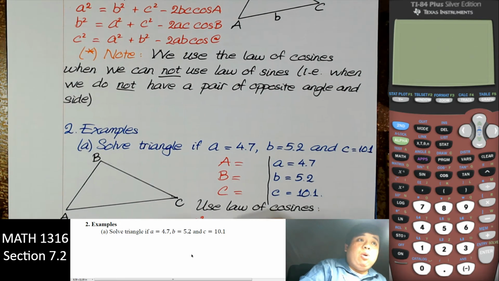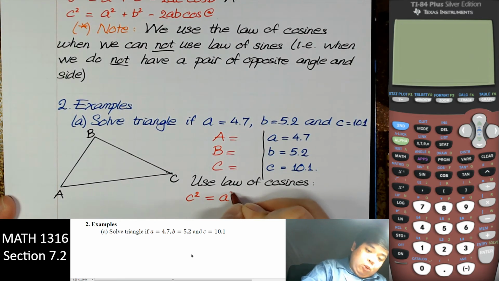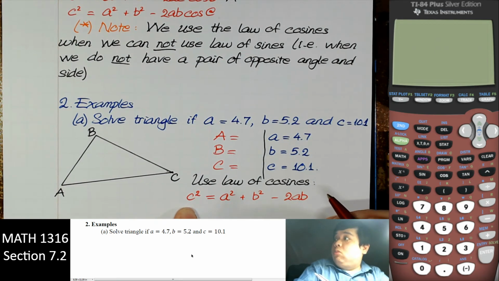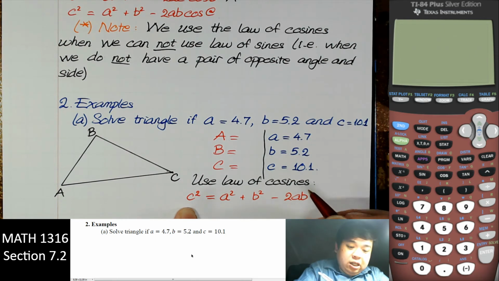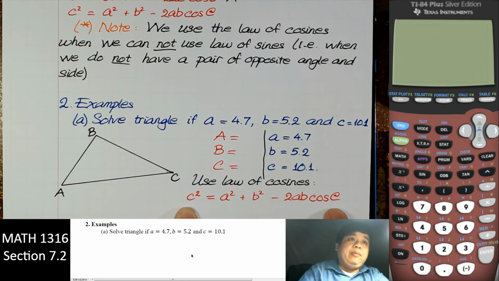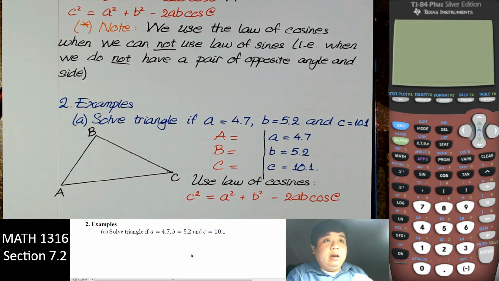Now if we use c squared, we're going to have the sum of the other two squares minus the other two. We start with little c, and we should end up with the cosine of angle big C. Right.